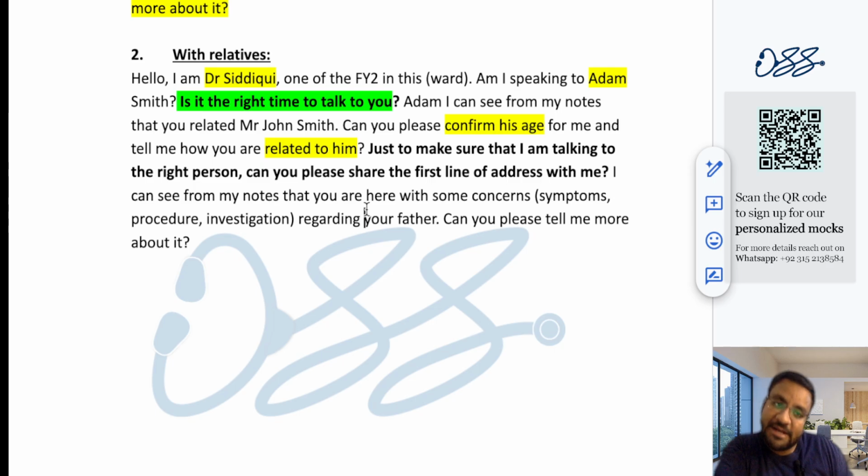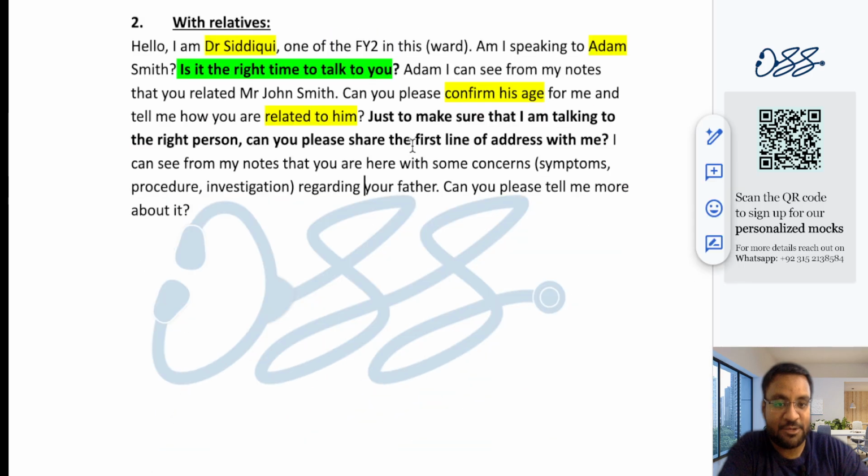For telephone-related scenarios, there is a three-step verification: name, age, and address. We have confirmed the name, Mr. John Smith and Mr. Adam Smith. We have confirmed the age as well, and his relation to Mr. John Smith. The third step of verification, often done in telephone-related scenarios, is just to make sure that I'm talking to the right person: can you please share the first line of your address with me?